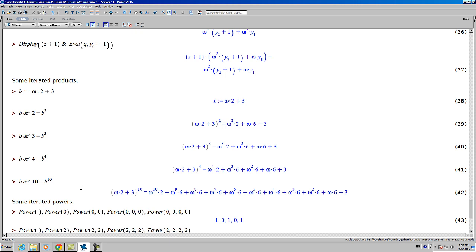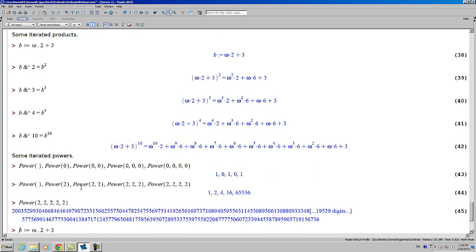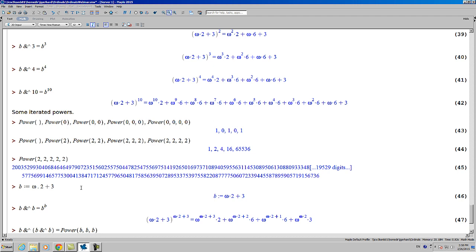Nothing interesting happens if we take powers of 1. They're just all 1. So what happens if we take powers of 2? Those look still fairly civilized, but if we take one more iterated power, we already get a fairly big integer. Now let's look at iterated powers of that ordinal b that we just had.